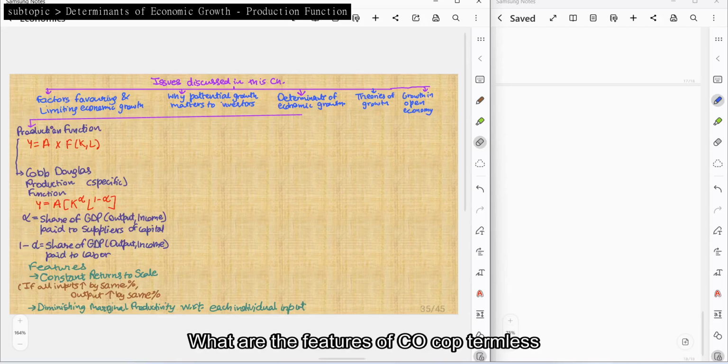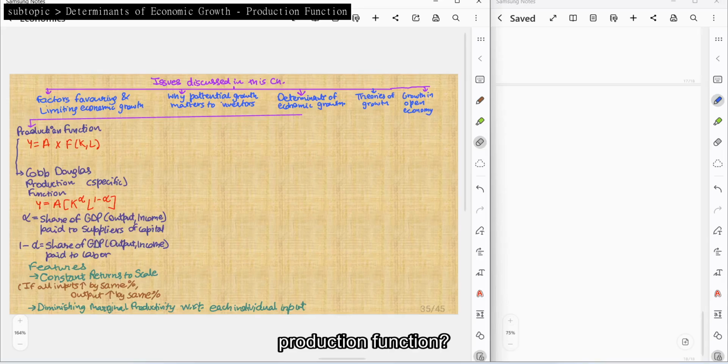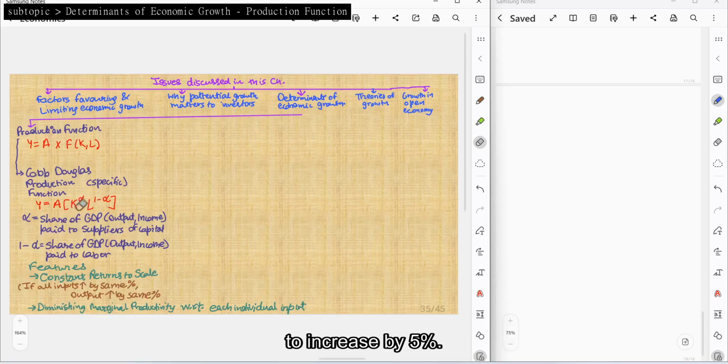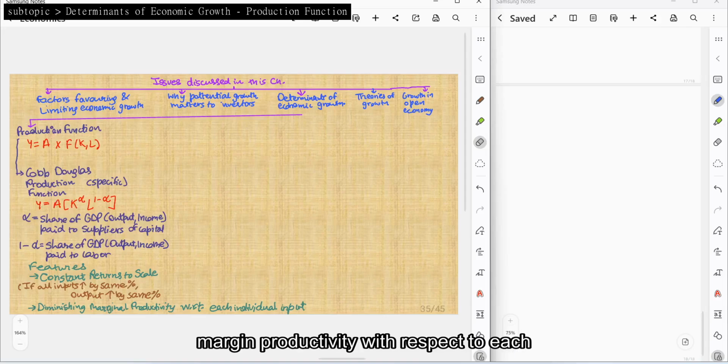What are the features of the Cobb-Douglas production function? First is constant returns to scale. If we increase all inputs by exactly the same percentage, then output will increase by exactly the same percentage. For example, if you increase capital and labor both by 5% each, then the output is also going to increase by 5%. The second feature is diminishing marginal productivity with respect to each individual input.